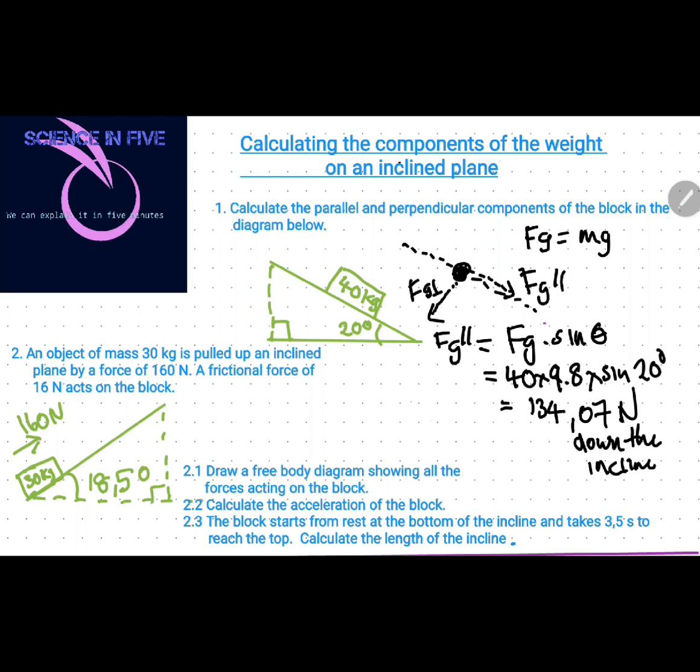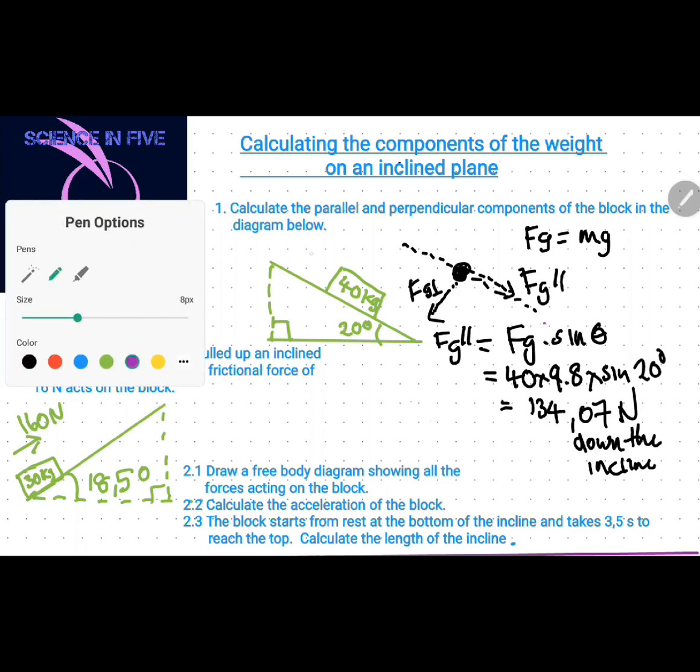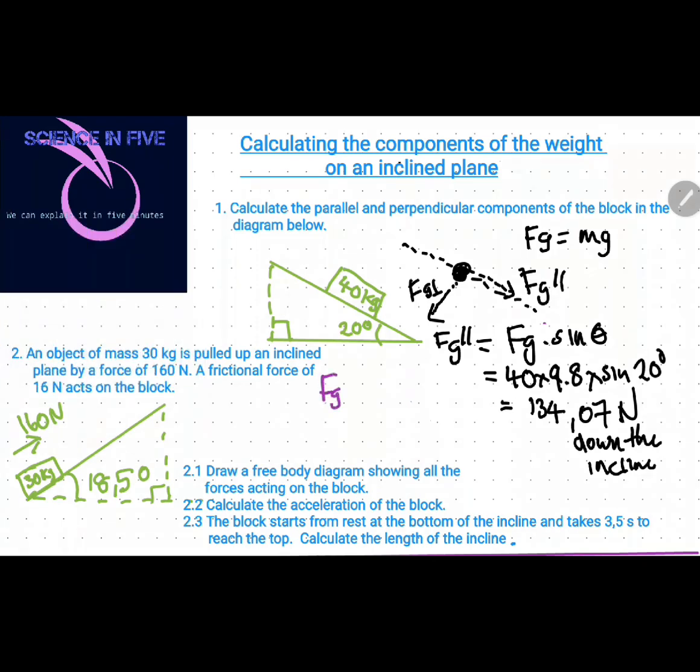Now we need to calculate Fg perpendicular. Fg perpendicular, we said, is Fg times the cos of theta, which is 40 times 9.8 times the cos of 20 degrees, and we're going to use a calculator again. 40 times 9.8 times the cos of 20, 368.36 newtons perpendicular to the slope.